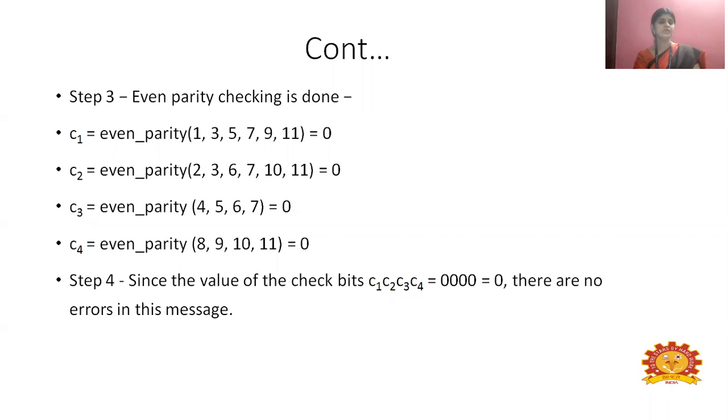Next, the even parity of 2, 3, 6, 7, 10, 11 is equal to 0. The even parity of 4, 5, 6, 7 is equal to 0. Next, the even parity of 8, 9, 10, 11 is equal to 0. Since the values of the check bits C1, C2, C3, C4 are 0, 0, 0, 0, there are no errors in the message.